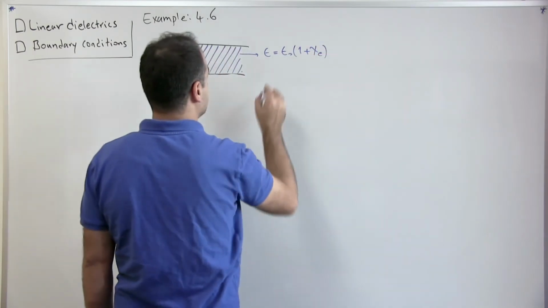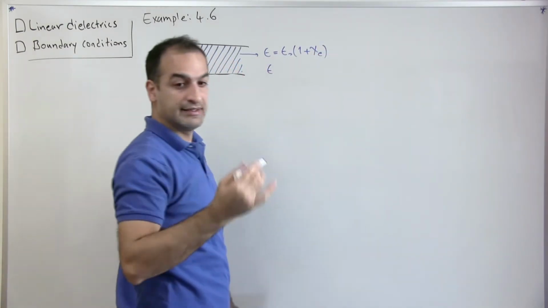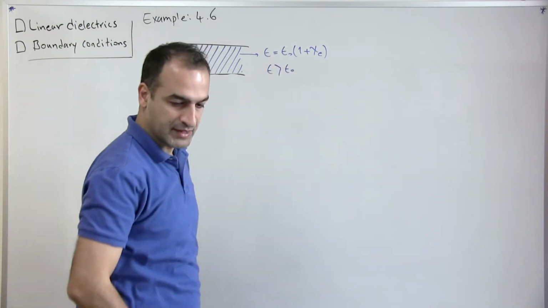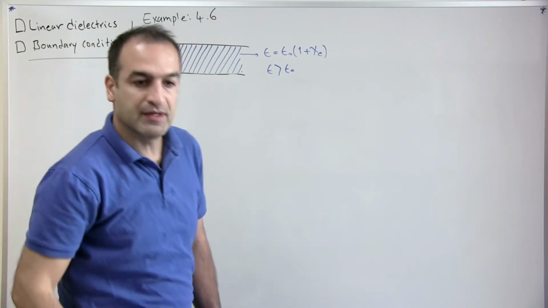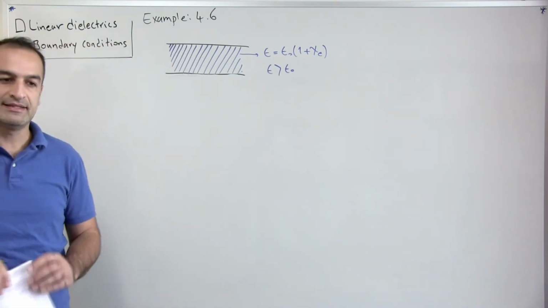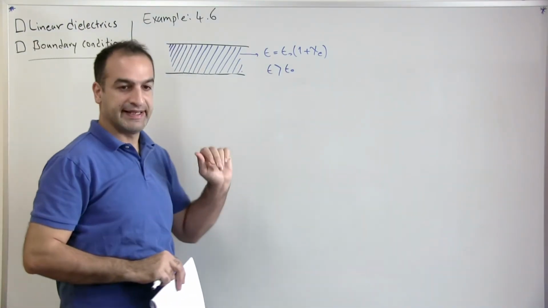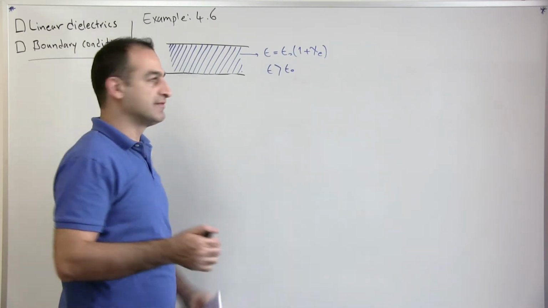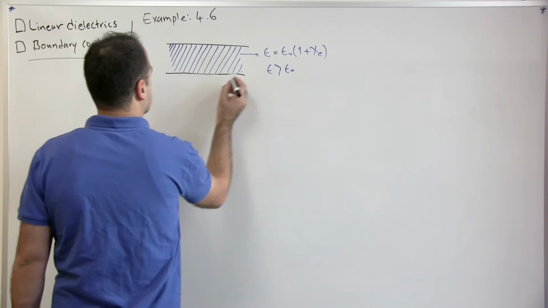And that already means that epsilon, like any dielectric, is greater than epsilon naught. Okay, so now I want to look at the capacitance of this capacitor and compare it with the case that there is no dielectric material between the plates.